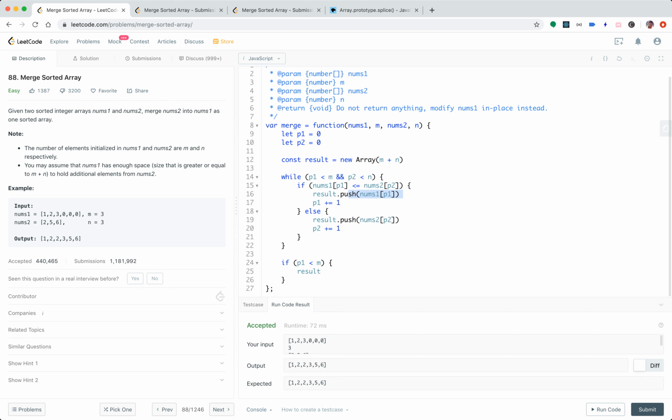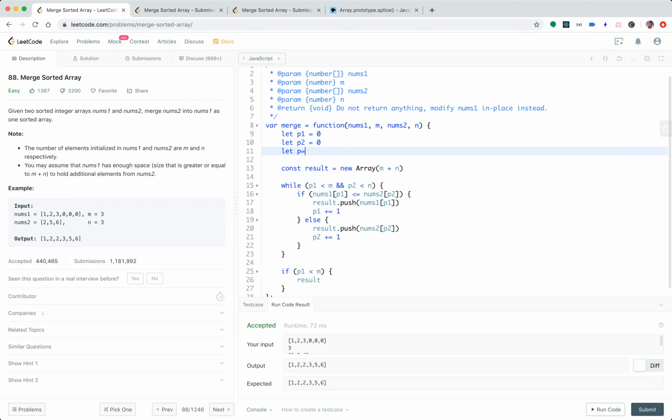No, let p equal 0. We don't use push, we just say result p equals nums1 p1. This should be the same for p2, p plus 1.